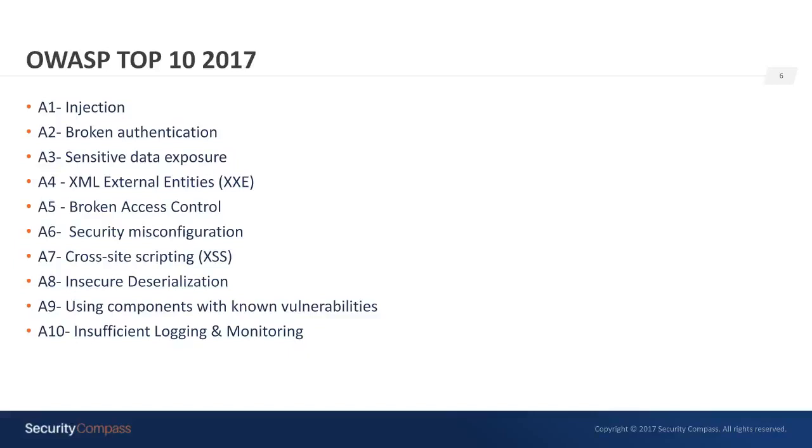Remember, this is community-based consensus, and the community is not restricted to any geography around the world. Despite all of that, the latest and greatest top 10 list still doesn't take into account the dangers or vulnerabilities that we are going to talk about today, okay?